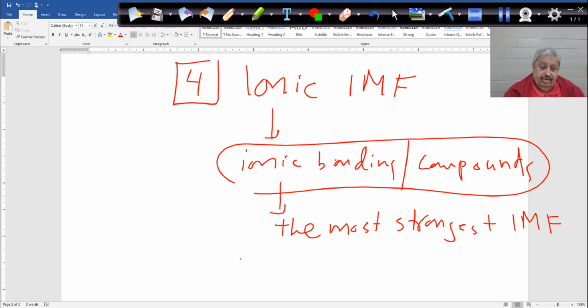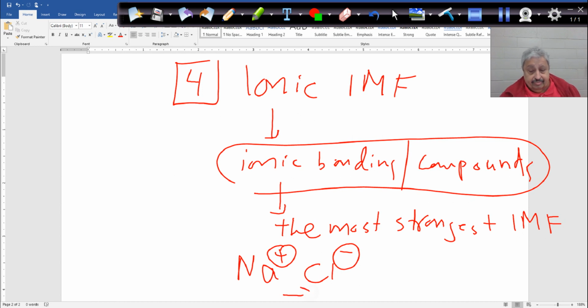Okay, guys, so I have sodium chloride here. That's positive. Chloride is here. So you have another molecule. They are connecting themselves; an ionic compound has very, very strong bonding between the cation and the anion.